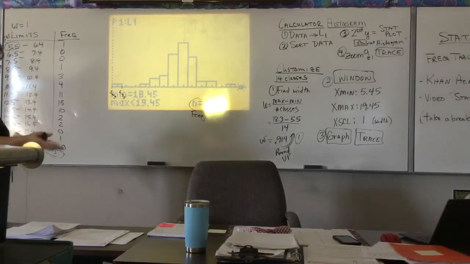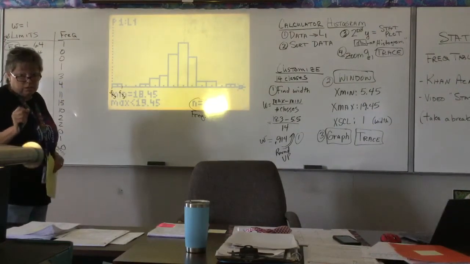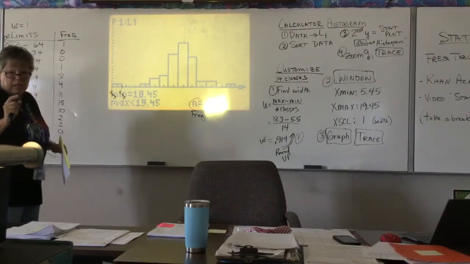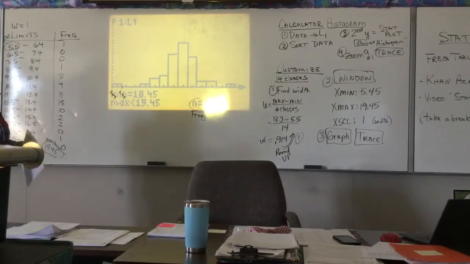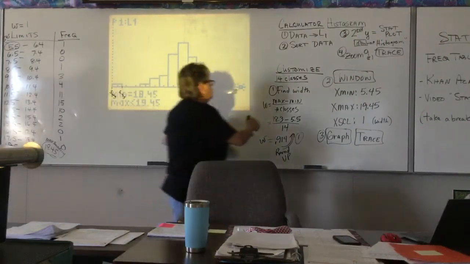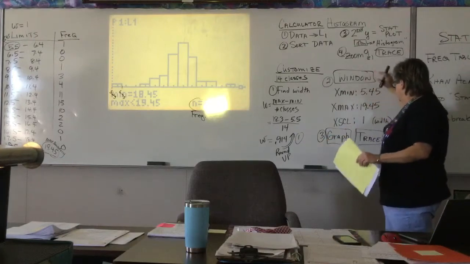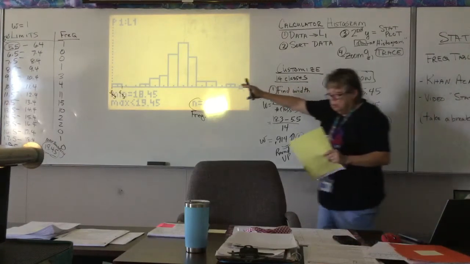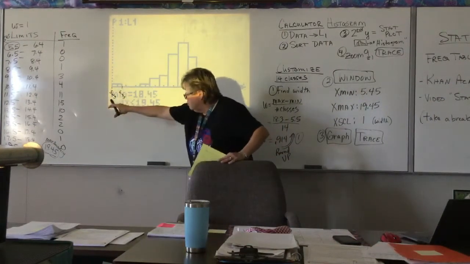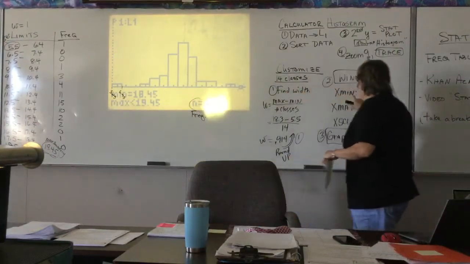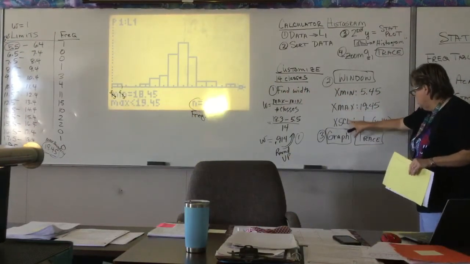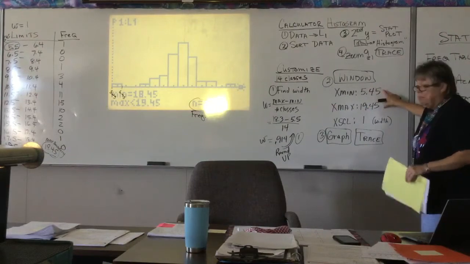So again, this is how to customize your histogram based on how many classes you want to explore. The steps again: find the width, and be sure you round up. Set up your table, that's the second thing. Generate your limits. You have to have those to be able to figure out your x-min and x-max, so these are boundary numbers.